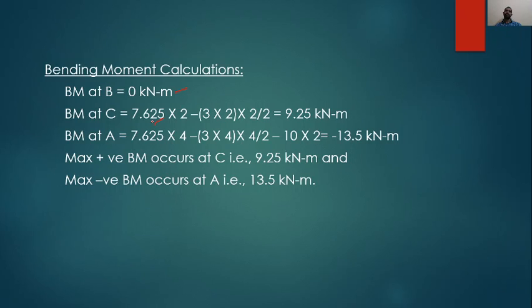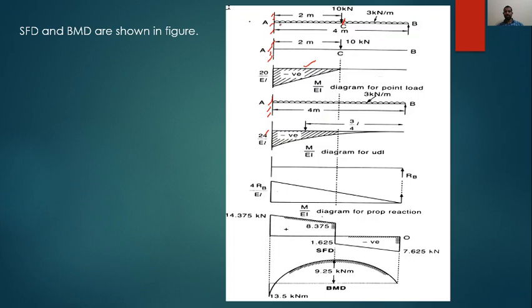You can see over here 7.625 into 2 minus 3 into 2 into 2 by 2 will give you 9.25 kilonewton meter. Similarly, let us calculate bending moment at A. Again, we'll go to the diagram. Bending moment at A is prop reaction into 4, minus 3 into 4 into 4 by 2, minus 10 into 2.